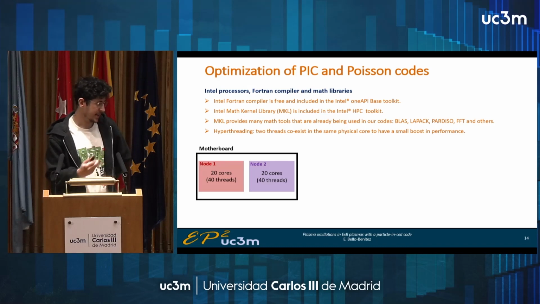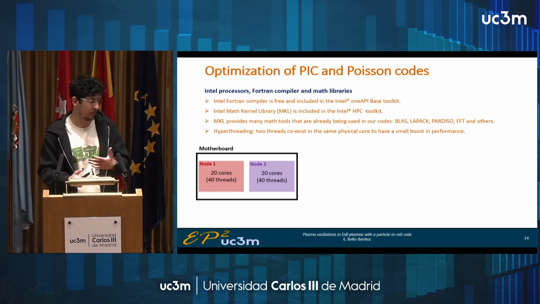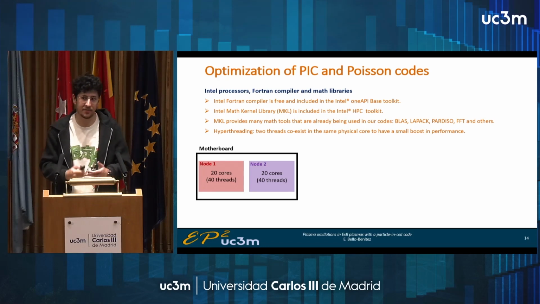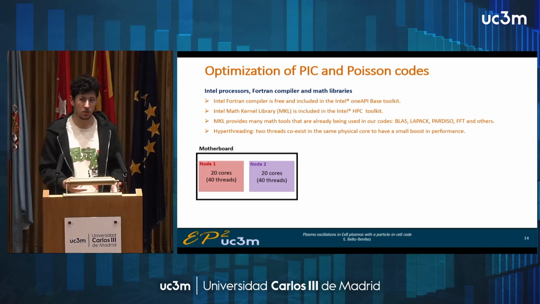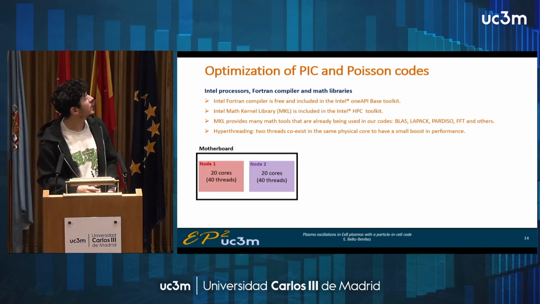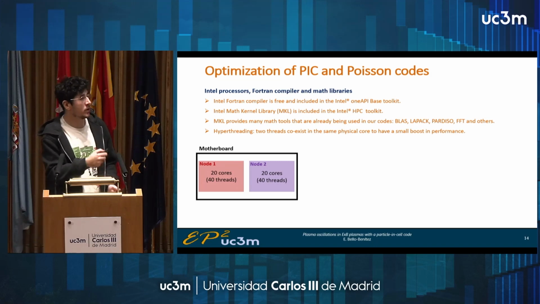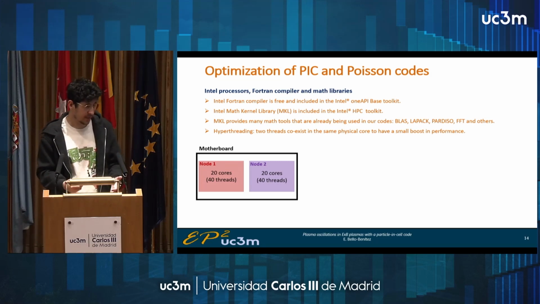Okay, just very briefly, apart from optimizing or developing code, there are also some computational boosts you can obtain just by testing different compilers, different libraries, okay? In our case, we were using mainly the GNU compiler and math libraries, but we have for free the Intel Fortran compiler, and the math library from Intel that can be used.